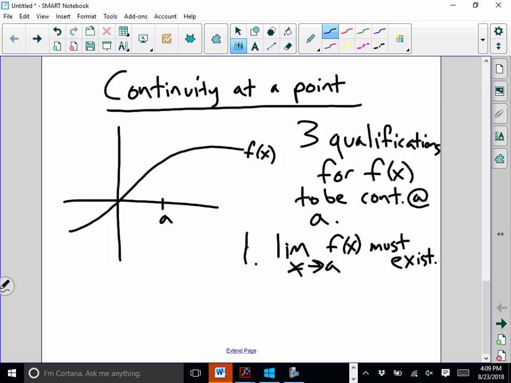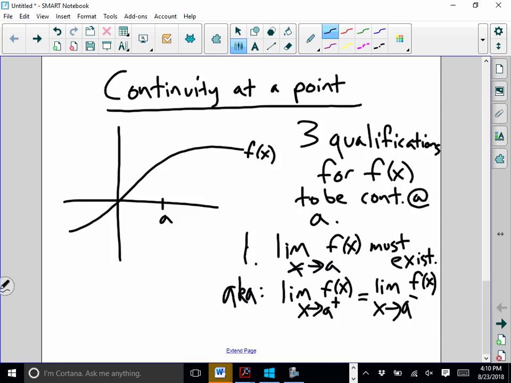So this is saying, the limit as x goes to a plus, the right-hand limit, must equal the left-hand limit, the limit as x goes to a minus.